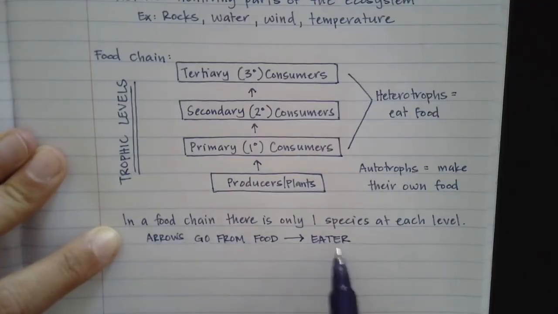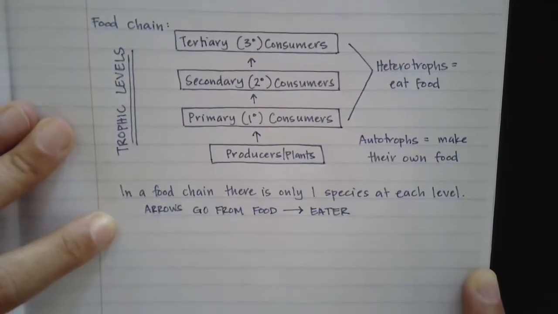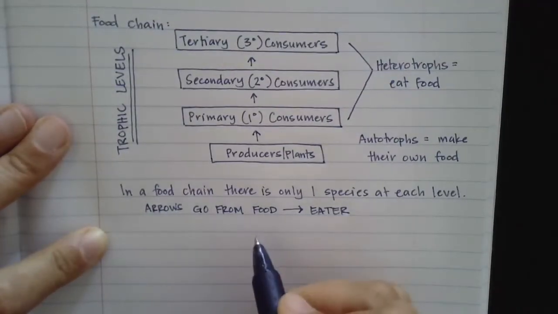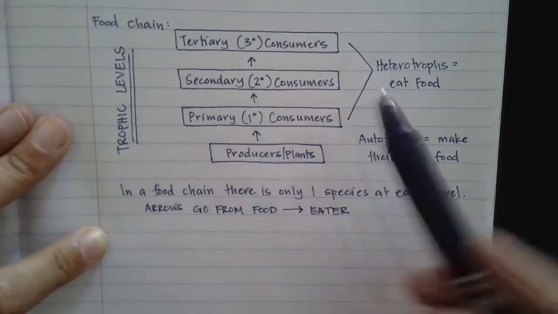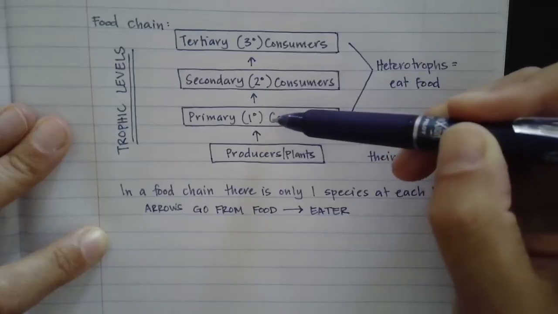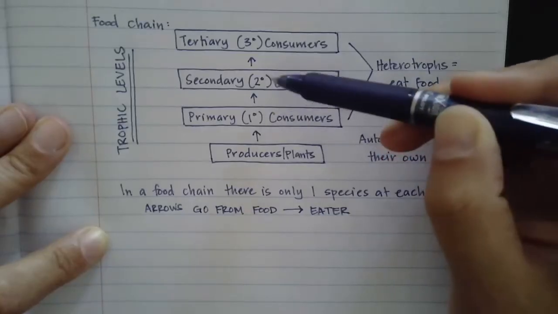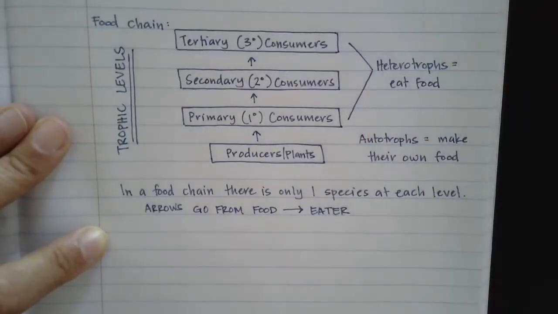So I've written that all in caps because that's really important. It's showing the way that the matter and the energy is moving. So the matter and energy is moving from the producers into the consumers, from the primary consumers into the secondary consumers. So that's what that direction is showing.